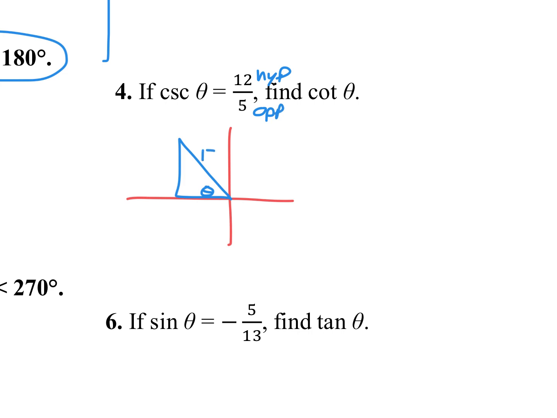Let's put 12 on the hypotenuse, 5 on the side opposite theta. That is not a 5, 12, 13 triangle because 13 is not on the hypotenuse, 12 is. So we have to do 144 minus 25, which is 119, then take the square root of that.